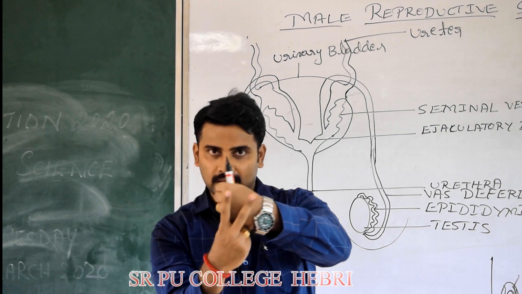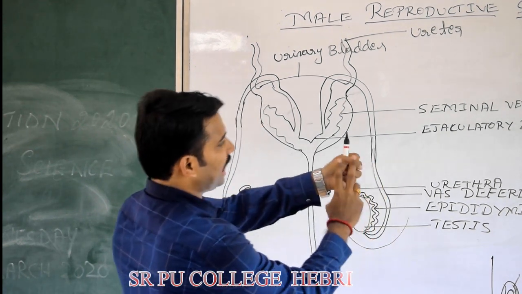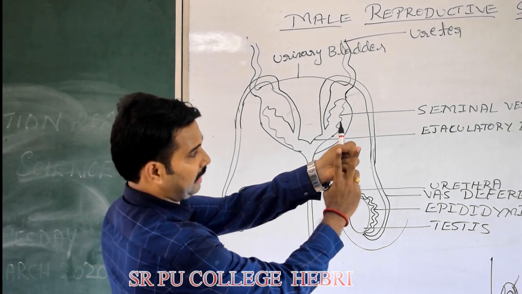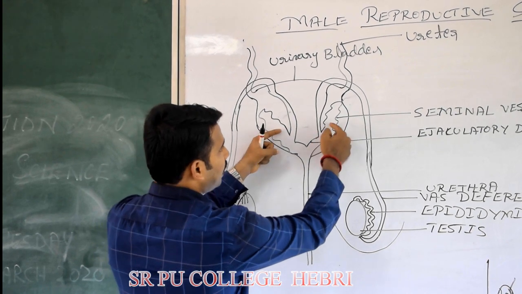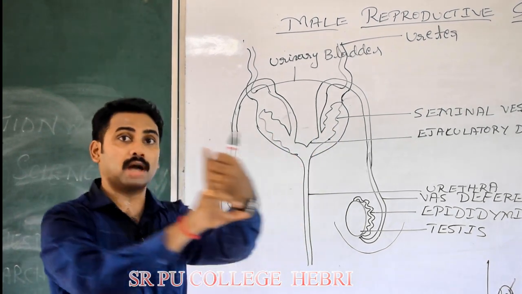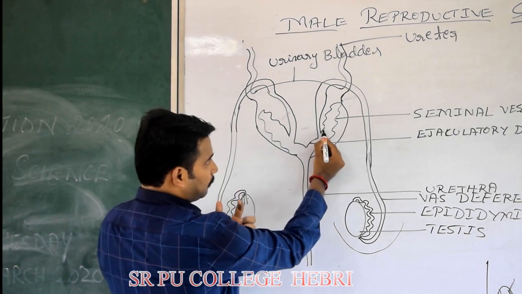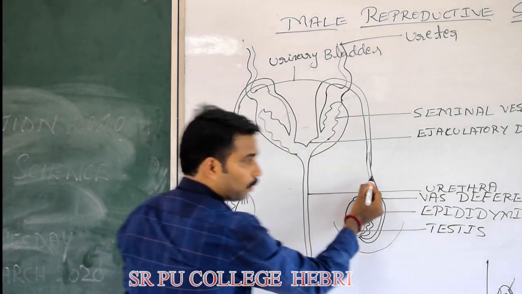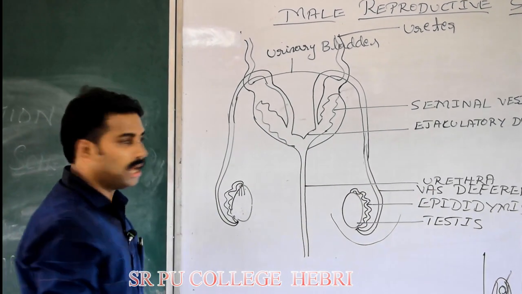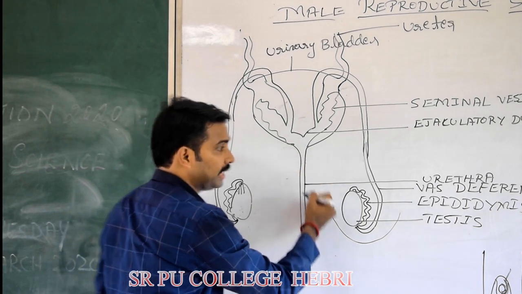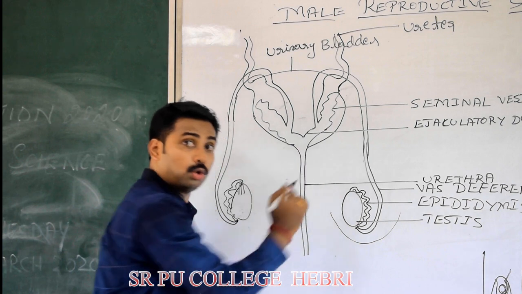It is not in front. I will turn the urinary bladder now. How will it be? It is behind the urinary bladder. Here it is. Even though we draw like this, you have to understand it is present on the dorsal surface of the urinary bladder. Its duct joins with what? Vas deferens and forms the ejaculatory duct. Ejaculatory duct opens into urethra, not urinary bladder. It opens into urethra.